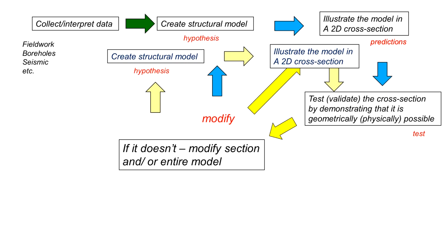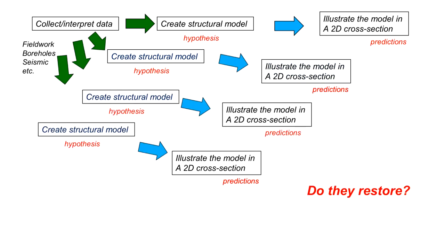So you can go around the loop several times. Just because a section balances doesn't mean it's a unique interpretation. Each new model and restoration that passes makes different predictions, not only for the structural geometry that we see in the cross-section today, but also for the pre-existing template, in other words, what the stratigraphy looked like beforehand, and also the amount of orogenic contraction that the structure has accommodated.